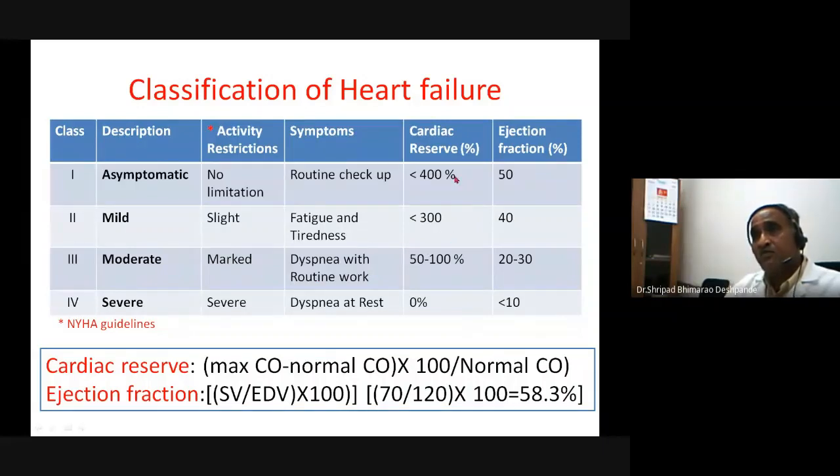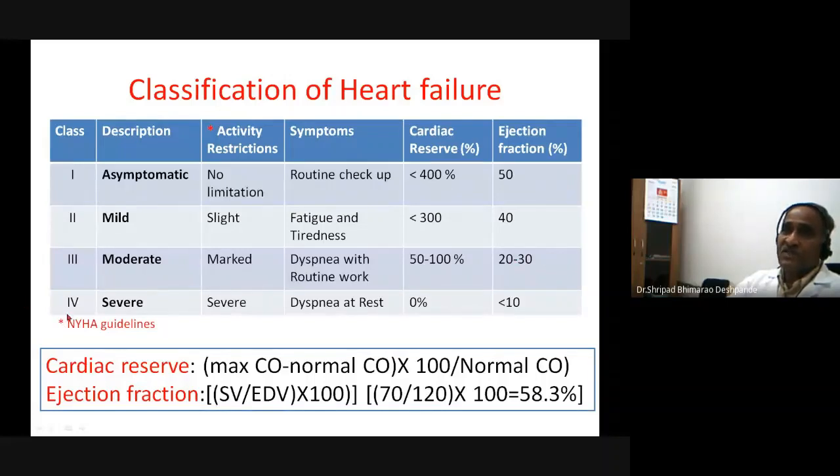Now it is coming to about 50 to 100%. So it has diminished drastically, and the ejection fraction is only 20 to 30%. That means half of the basic ejection fraction, since 60% is normal.